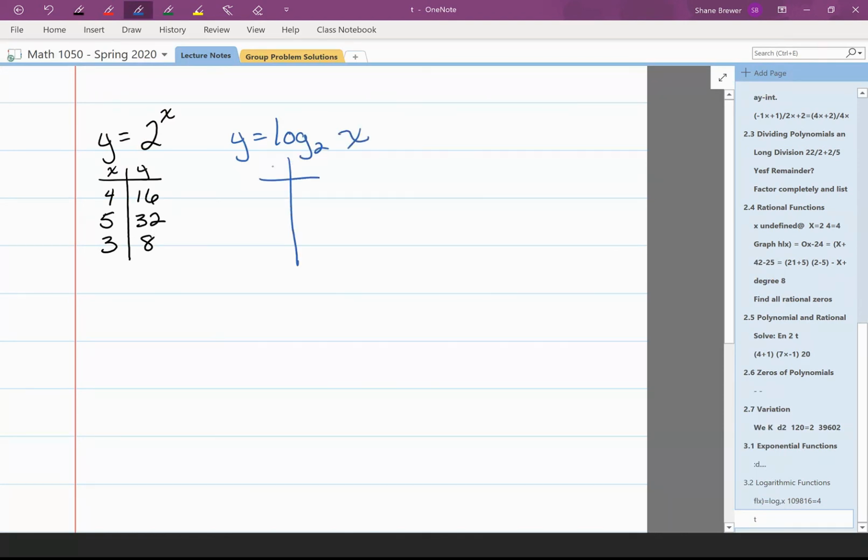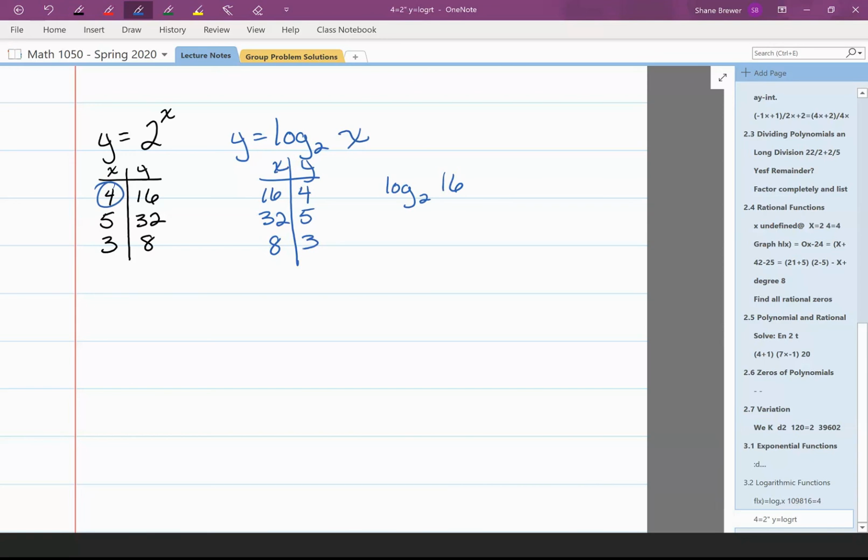And what I'm going to do is plug in these things. I'm going to plug in a 16, a 32, and an 8, right? So log base 2 of 16, 2 raised to what power is 16? Bam, 4, right? So it gives us back 4. 32, plug that in, you're going to get back a 5. 8, you're going to get back a 3. So see, they're inverses of each other, right? Okay.